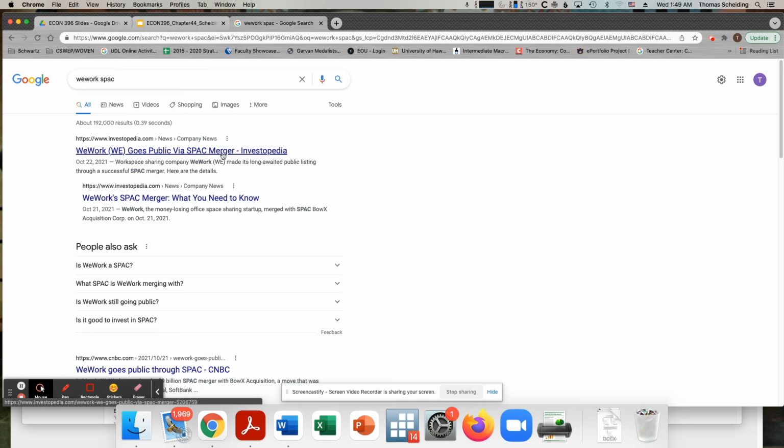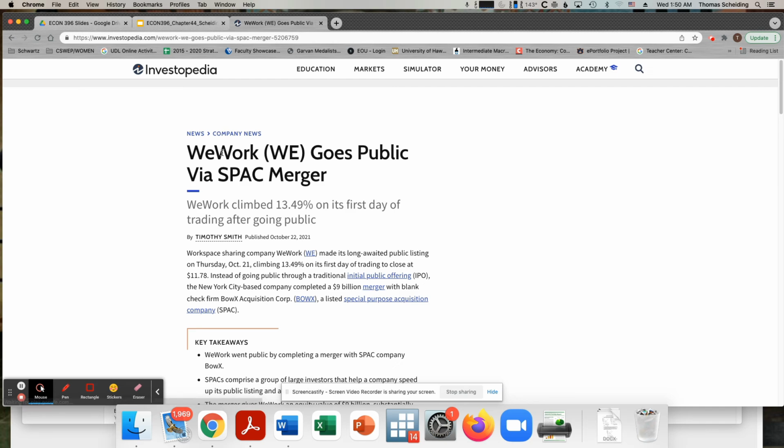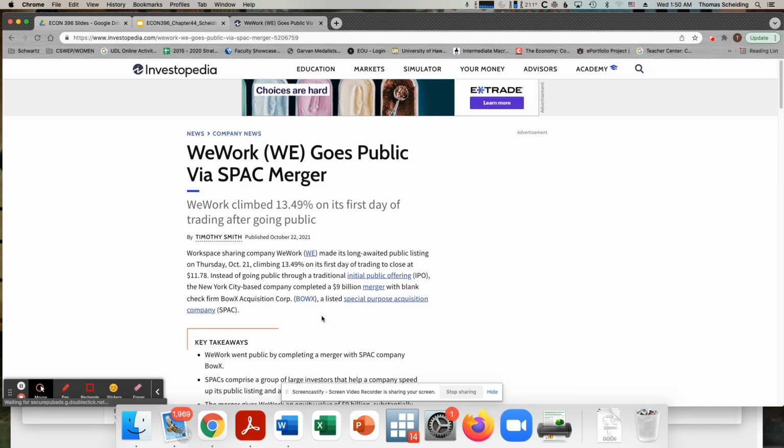WeWork was a shared office space company, and it almost did an IPO, but then the IPO collapsed, and then COVID happened, and WeWork wasn't probably going to be able to get an IPO. But then another company emerged that formed a SPAC, and that SPAC bought WeWork. So here we go.